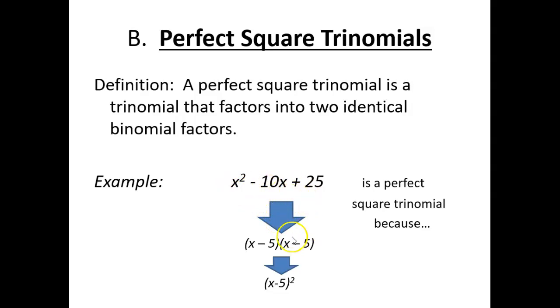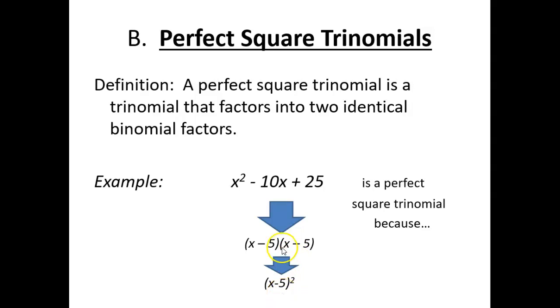When you factor this, it factors into x minus 5 times x minus 5. You end up with two identical factors, so you can write it as a square. And that's why we call this a perfect square trinomial, because when you factor it, you end up with two identical binomial factors, so you can write it as a square.